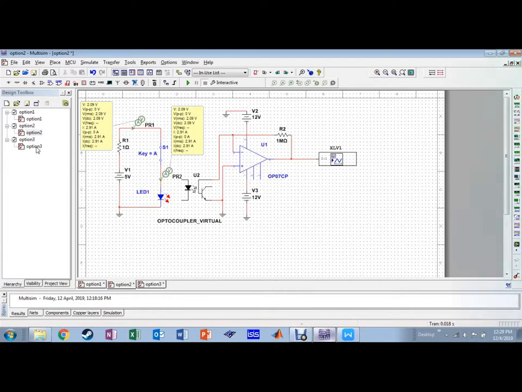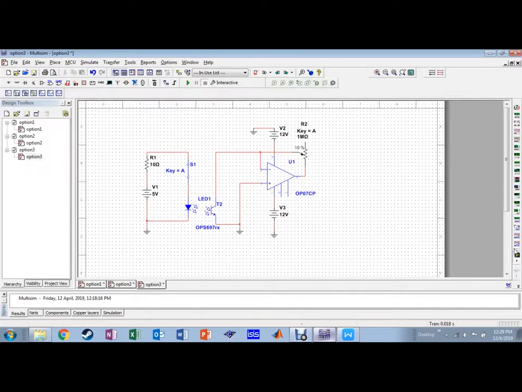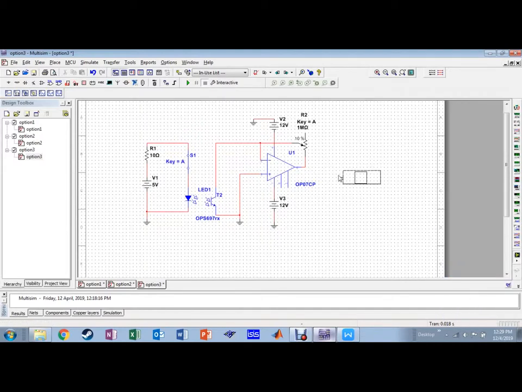Let's try option 3, which uses a phototransistor. As usual, the components remain the same. Here I changed to a potentiometer or variable resistor, which makes it easier to change the value of the resistor. First and foremost, we need to click here, LabVIEW instrument and signal analyzer.